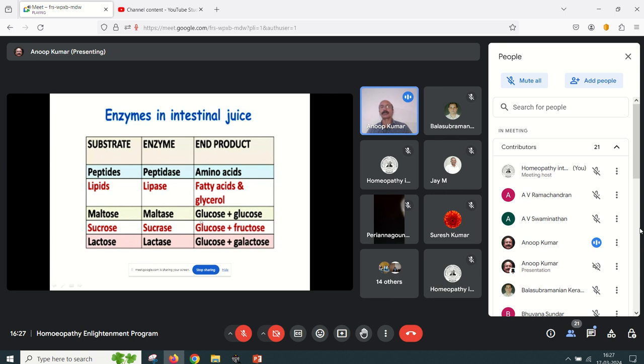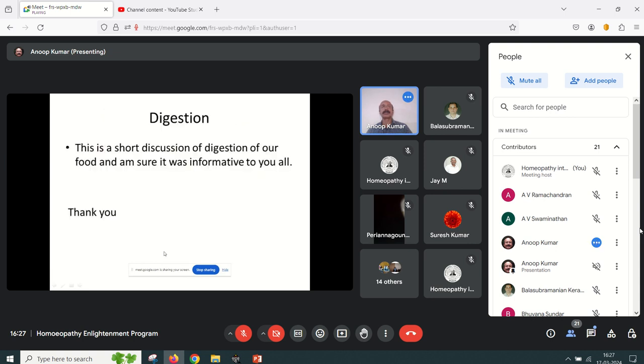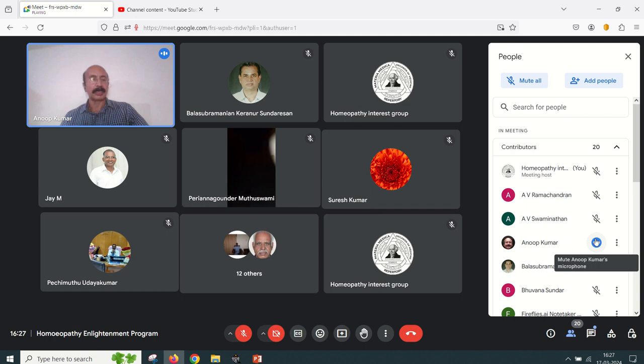The two molecules of glucose make maltose. So sucrase is the enzyme, and it will have one glucose molecule and one fructose molecule. Lactose will have lactase as the enzyme. Glucose and galactose will be the end product of digestion of lactose. So this is all as a small reminder, brushing through the digestion part, and my discussion on food digestion is over now.